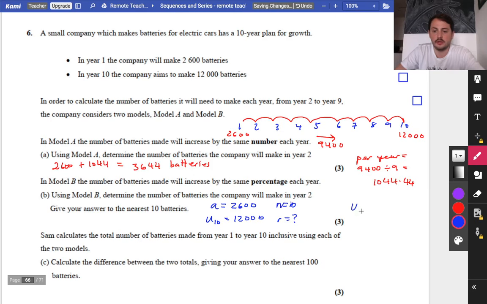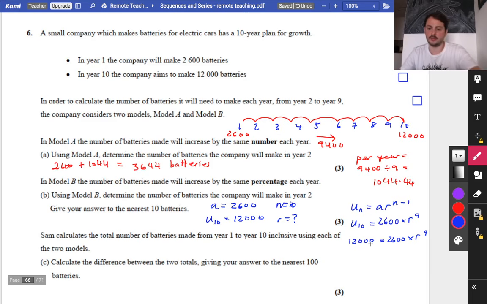Well, we know that Un is A R to the n minus 1. So U10 is going to be equal to 2,600 multiplied by R to the 9. So that is 12,000 equals 2,600 times R to the 9.